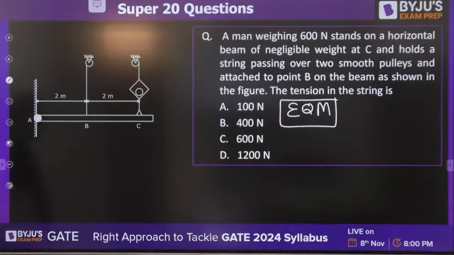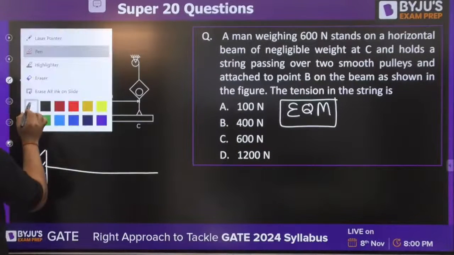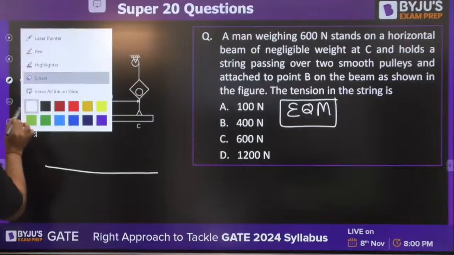Solve it. So I will give you the hint for that. If you see this, you can see they have kept a hinge point here.